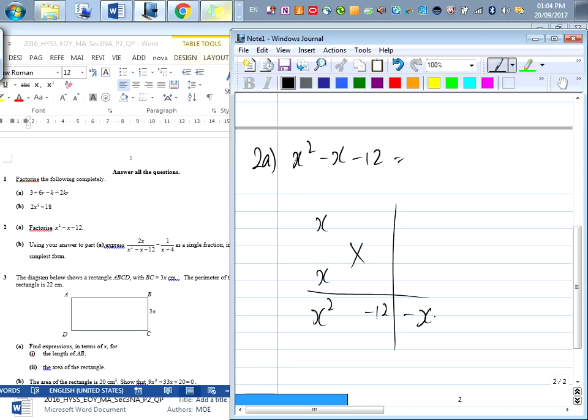Factors of 12, you can choose 6, 2, 12, 1, 4, 3. I will choose 4, 3. Over here I get 3x, I get 4x. Now to get a negative x, I need to put a negative sign over here and a negative 4. So this will be x minus 4, x plus 3. If you're not sure, you can expand it back and see if you get the same answer.